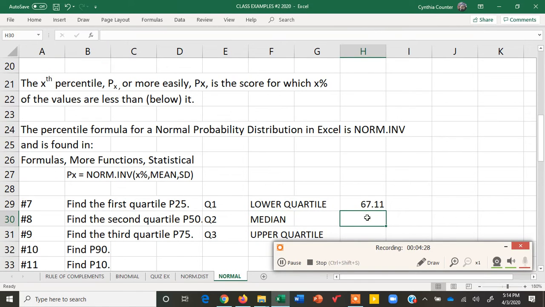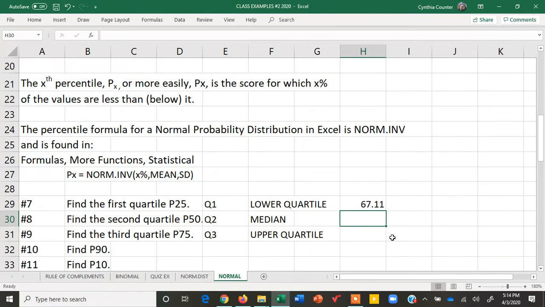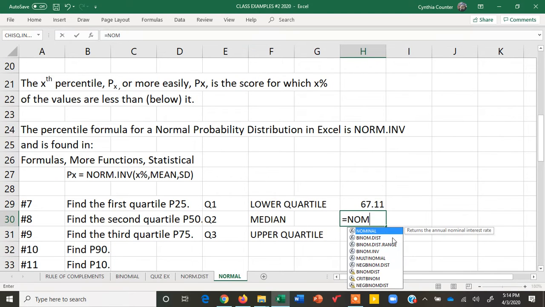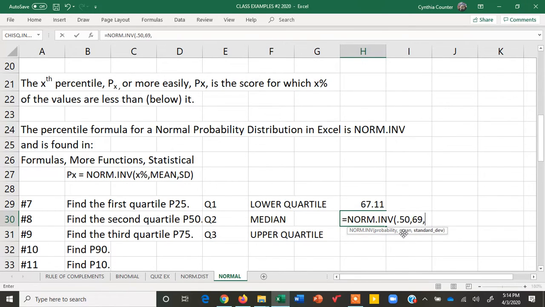So here, when we want to find this median, we can do it with the NORM.INV command, where we put 50% here, then the mean and standard deviation. But we see we simply get back the mean of 69.